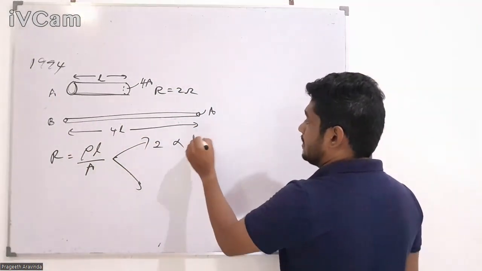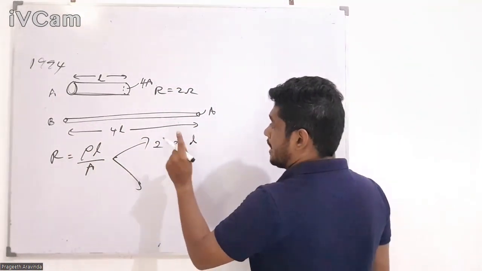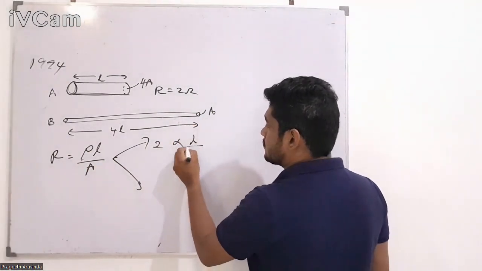The length here is L and the cross section is 4A.